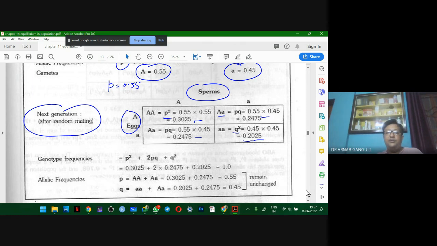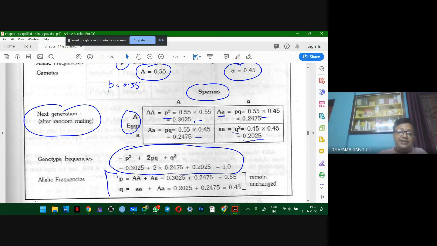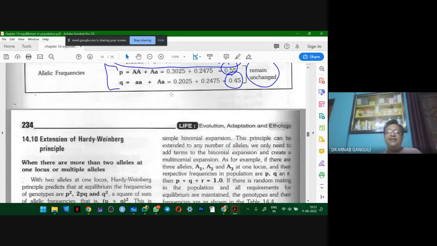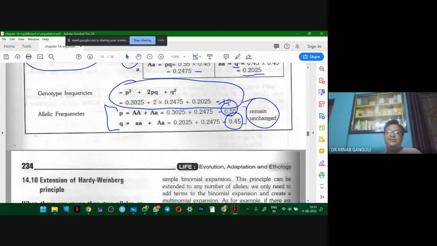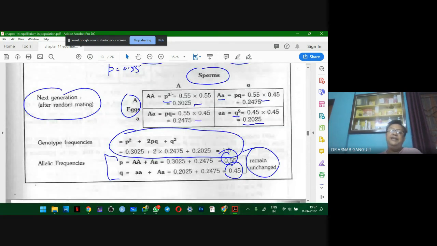So you can find this using the formula. The genotypic frequencies add up to 1. And now if you calculate the allelic frequencies, you will see they remain 0.55 and 0.45. They remain unchanged. So one generation of random mating restores the Hardy-Weinberg equilibrium.